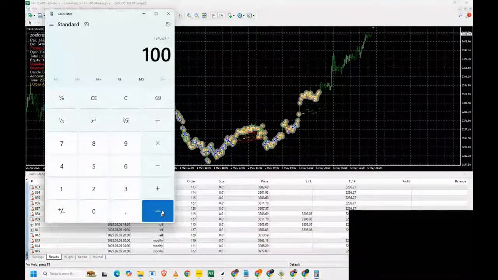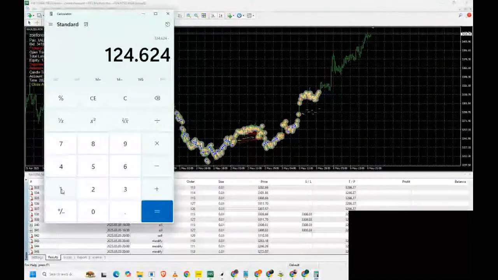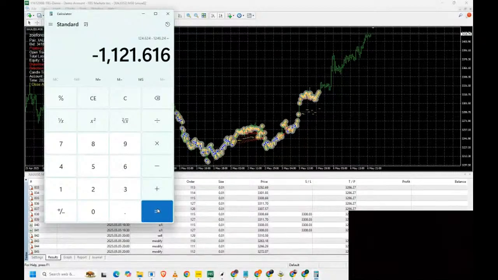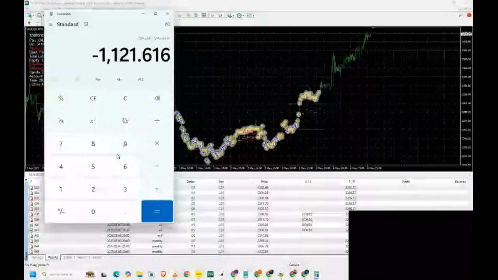We divide that, right? We subtract it from the 1246.24, all right? Now we have 1121. Let's ignore the negative and take the absolute value in this case.